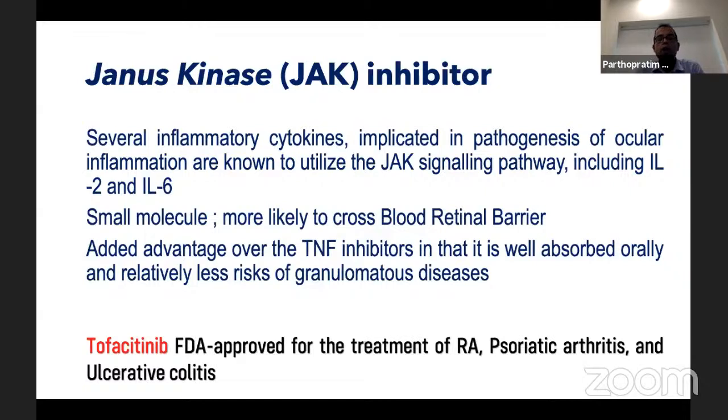These are small molecules more likely to cross the blood-retinal barrier, and they have the advantage that it is available as an oral tablet preparation, and very soon I think it will be available as an eye drop or topical preparation also.